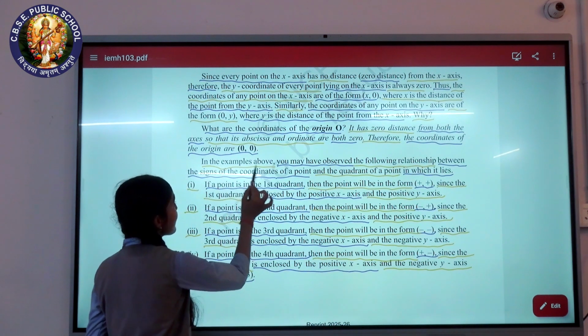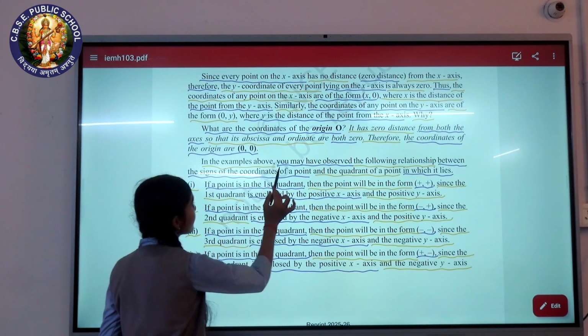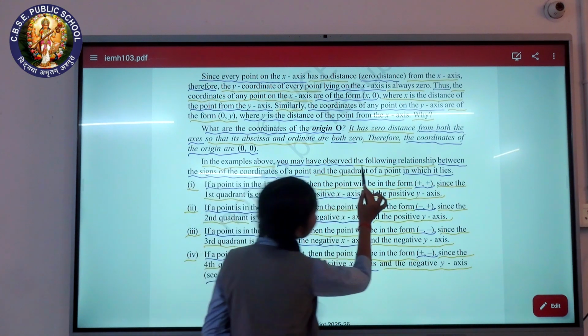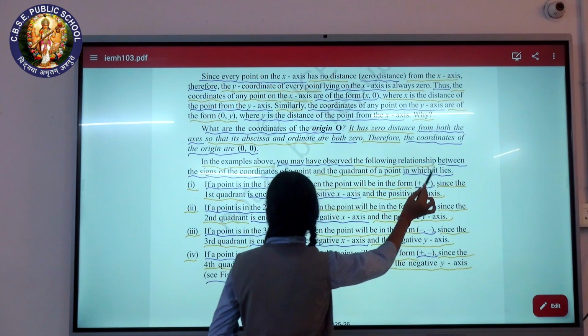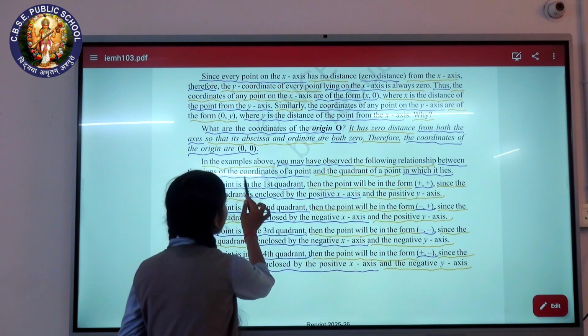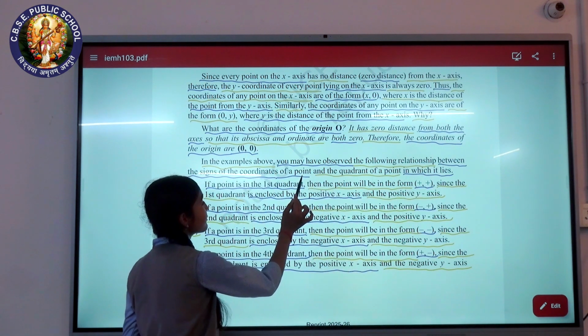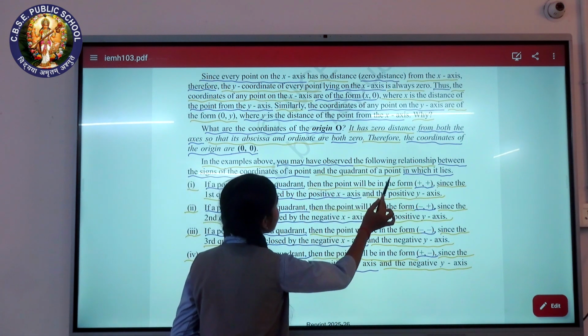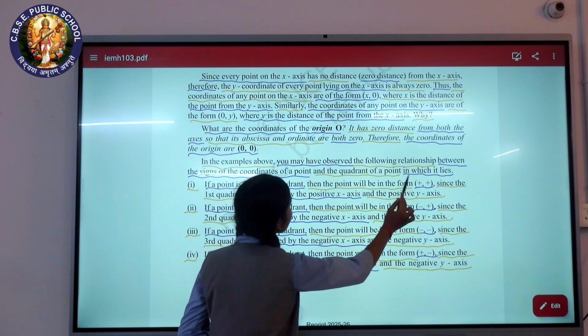In the examples above, you may have observed the following relationship between the signs of the coordinates of a point and the quadrant in which it lies.